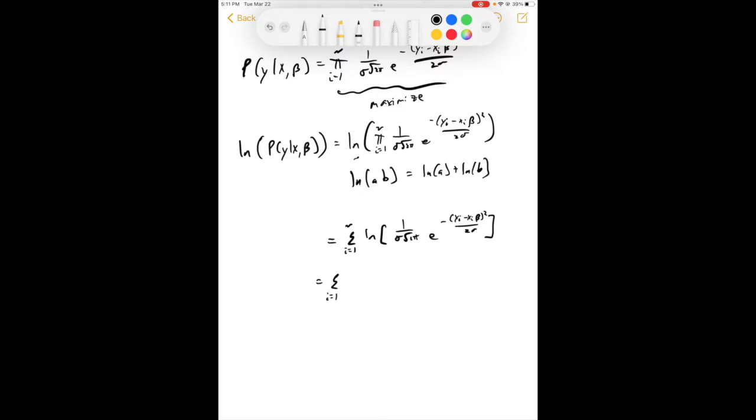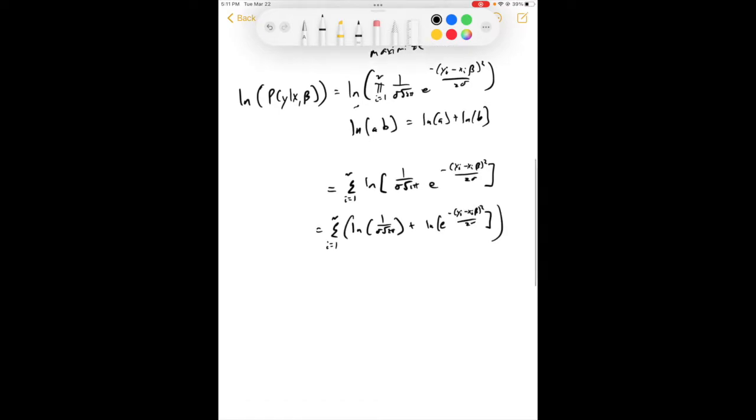The sum from i equals 1 to n of the natural log of 1 over sigma square root of 2 pi plus the natural log of e to the negative (y sub i minus x sub i beta) squared over 2 sigma. And all of this stuff is happening inside that sum. Now the natural log and this e cancel each other out. So let's keep going here.